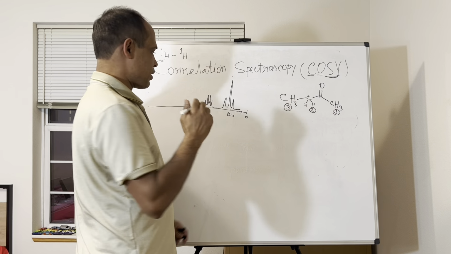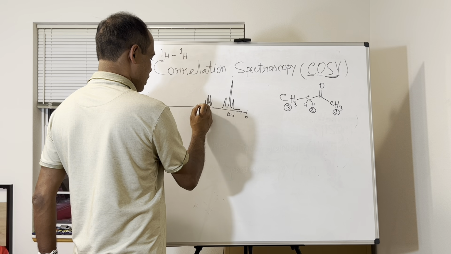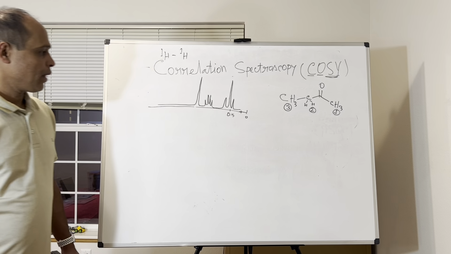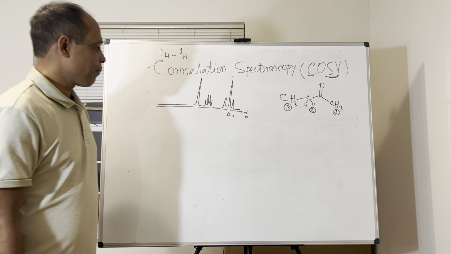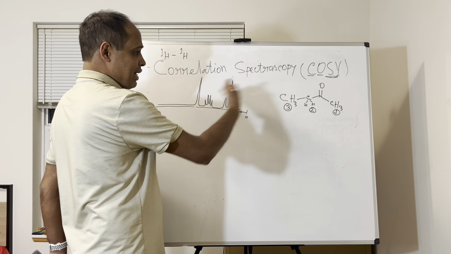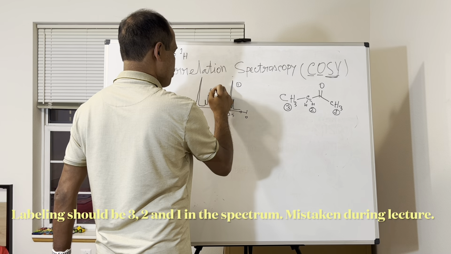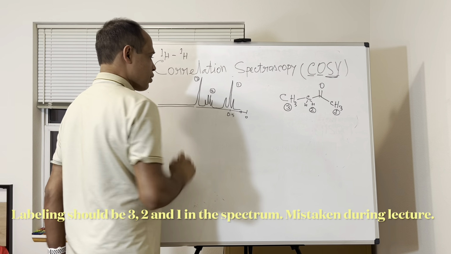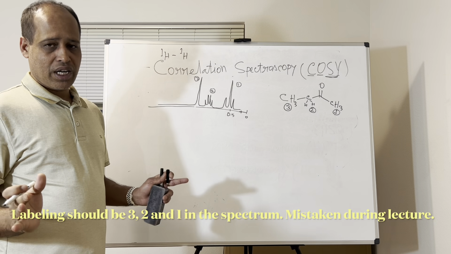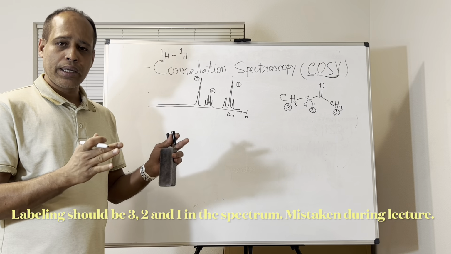It will show a singlet, nearby the quartet because it has a similar electronic region. Now I can easily say this is number 1 proton, this is number 2 proton, and this is number 3 proton.